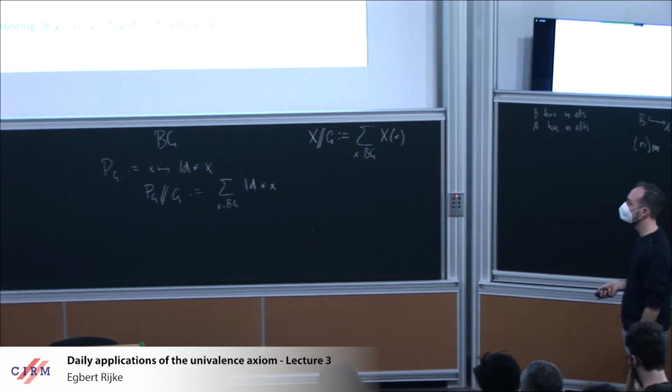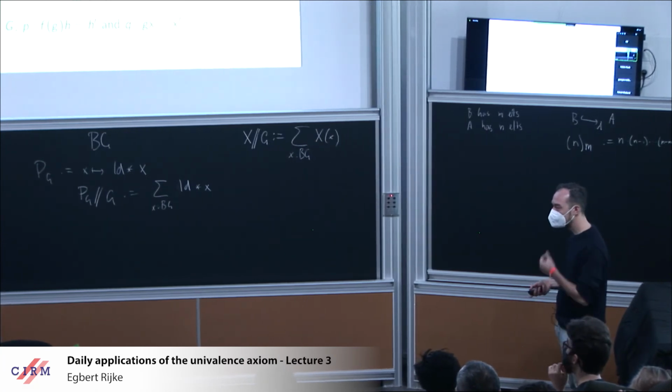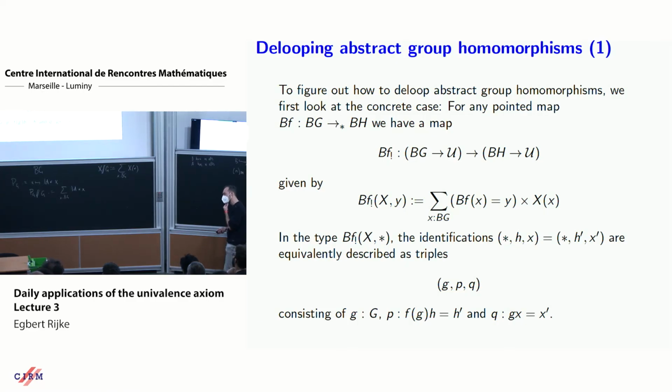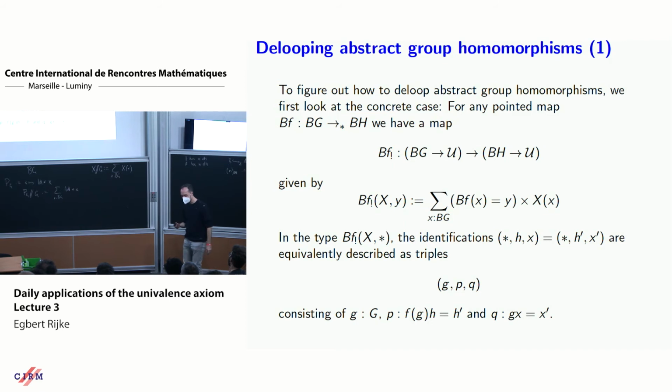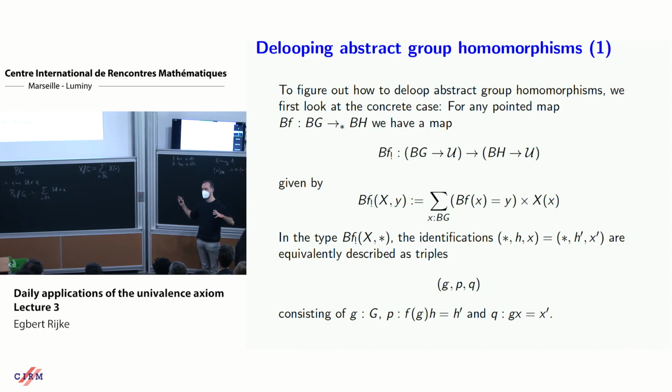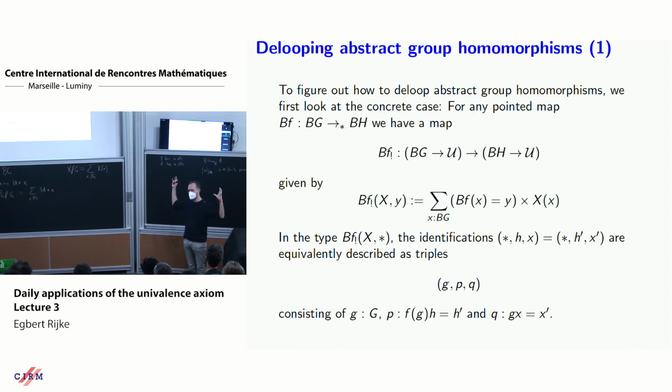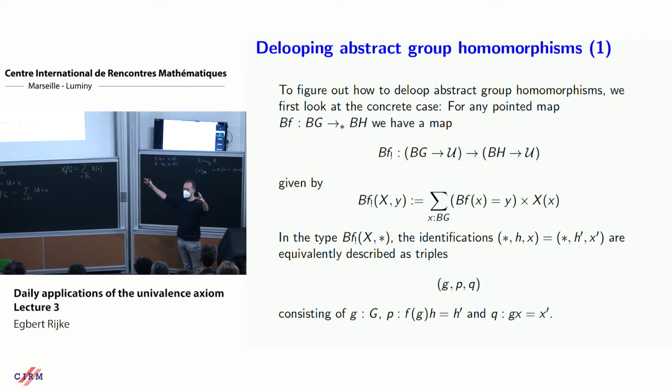Now there's a little story one can tell about delooping group homomorphisms. What we saw is how to deloop the group, but actually what we want is to construct an equivalence from the category of abstract groups to the category of concrete groups. Now we have only defined this functor on objects: we only said how to map an abstract group to a concrete group.